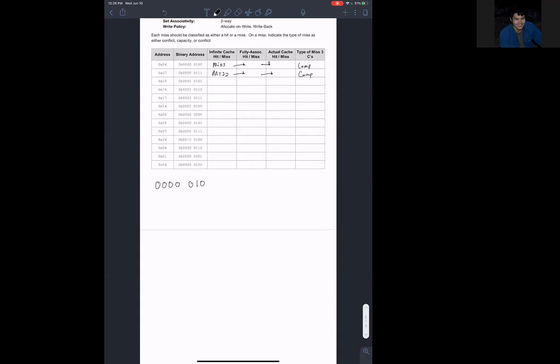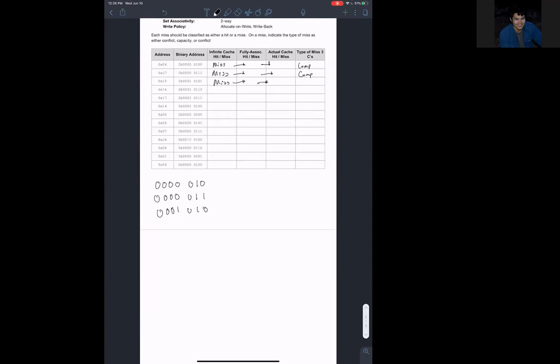Next, we have the access 0x15, and the address for that is going to be 000, 011, and then we also have 000, 1010. So these are the 3 addresses in our cache, and the one thing to note is they've all been misses.